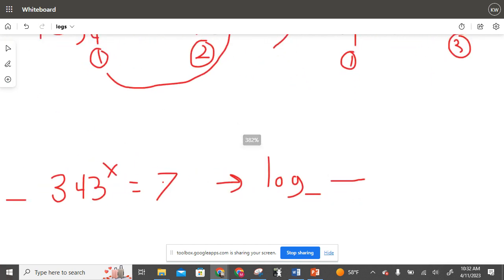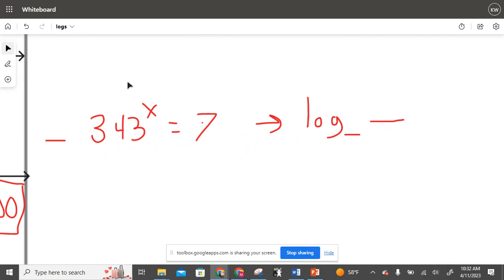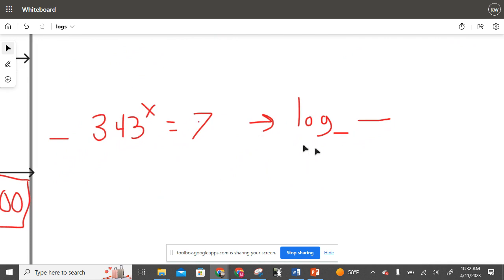So remember, down here for this example, our small number is always the base. So this right here and this, those are our bases. So our base for this is 343. Now, our next thing, we take our big number.